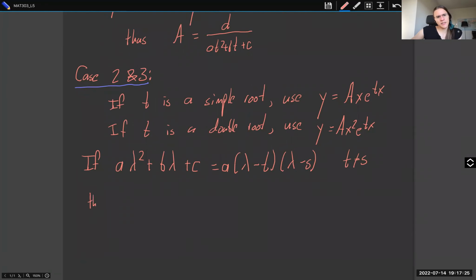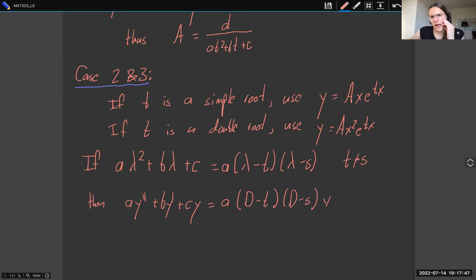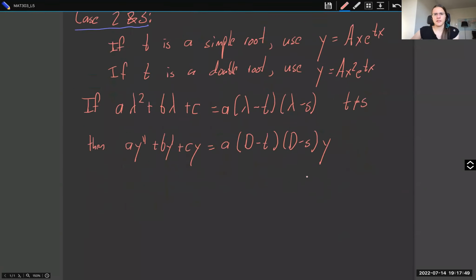Then a y'' plus b y' plus c y can be rewritten as a times D minus t times D minus s applied to y, where D is the differential operator.